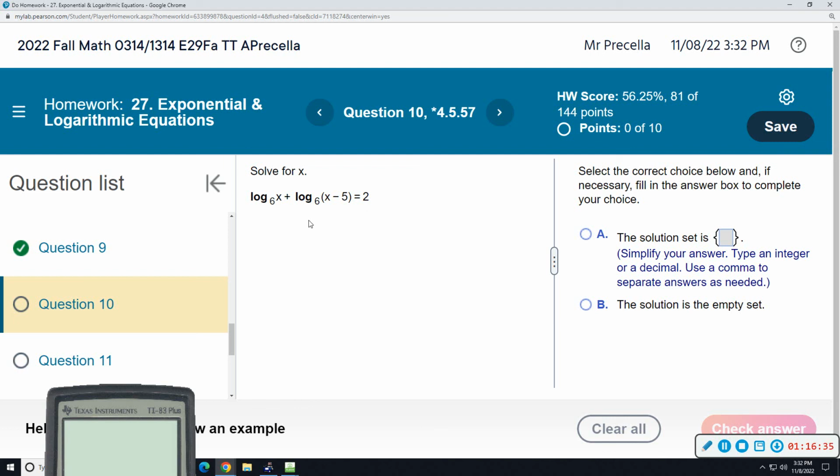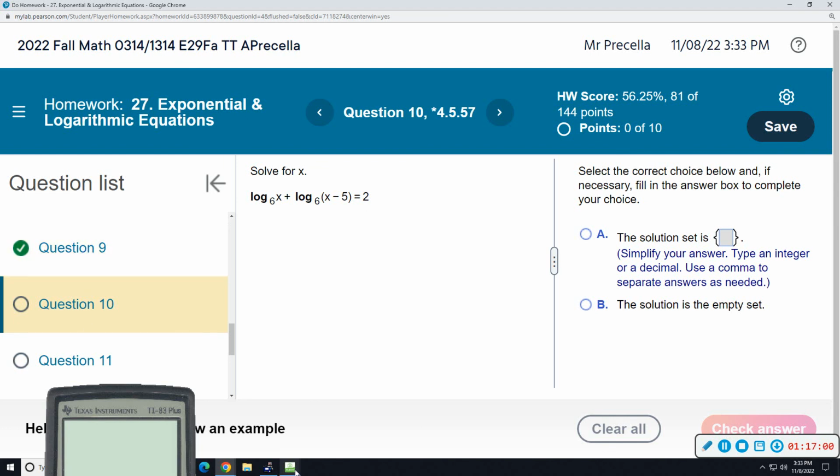Now, let's cancel out this 1 logarithm. I'll put a 6 on each side. And we have x squared minus 5.